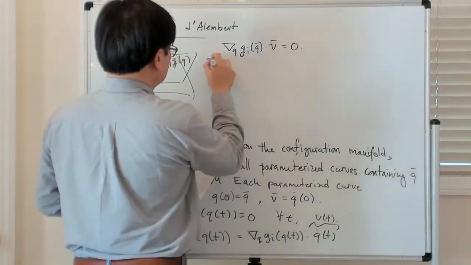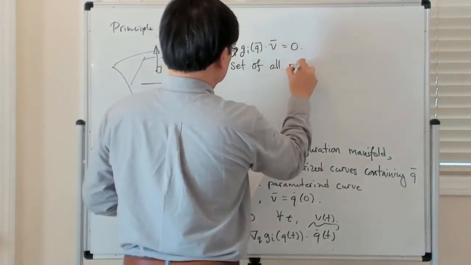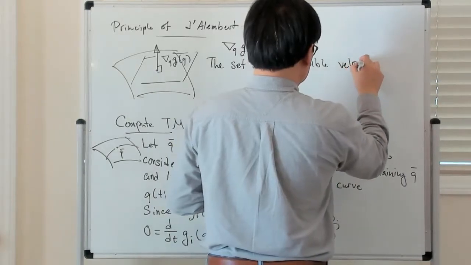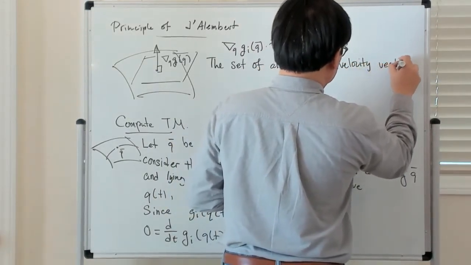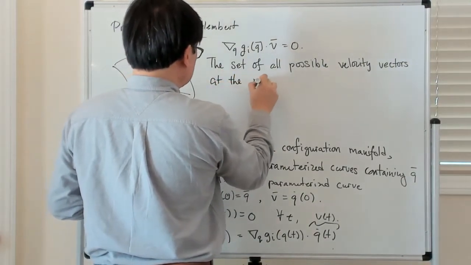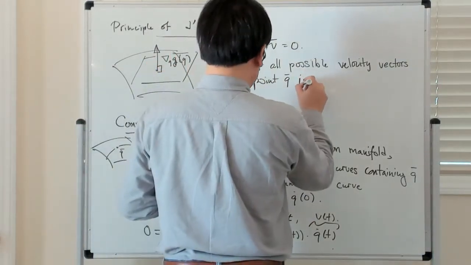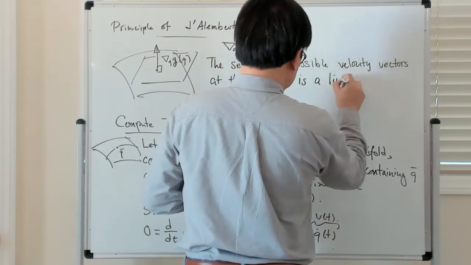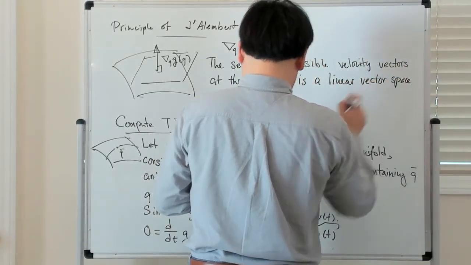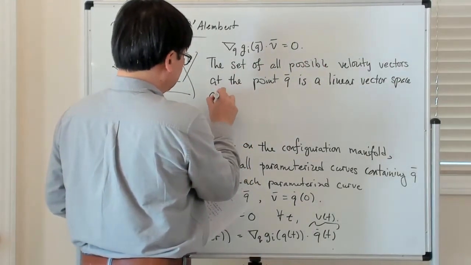The set of all possible velocity vectors at the point Q bar is a linear vector space called the tangent space at Q bar.